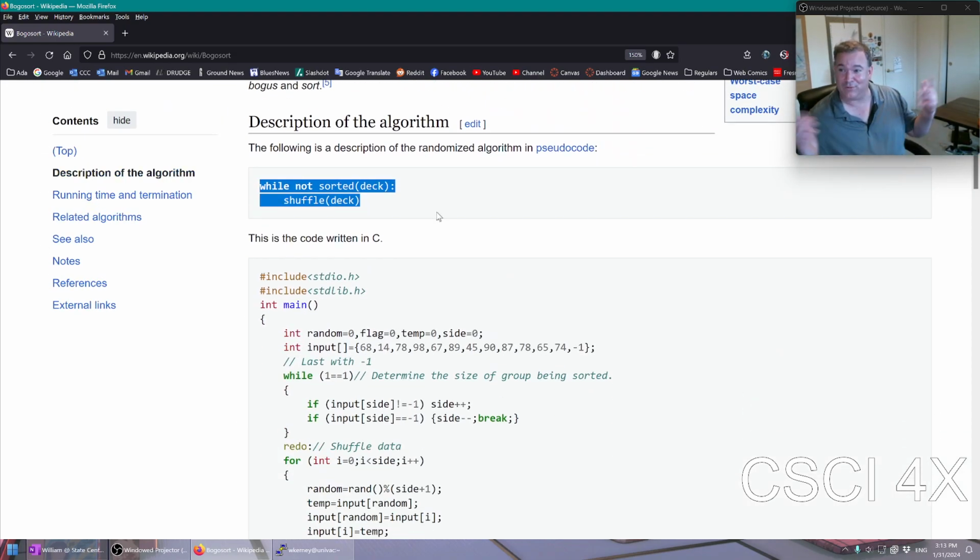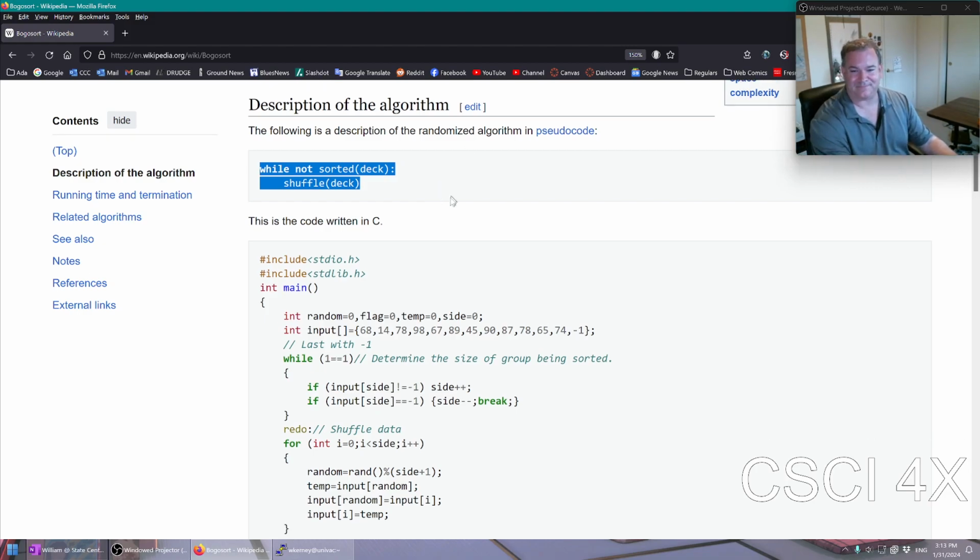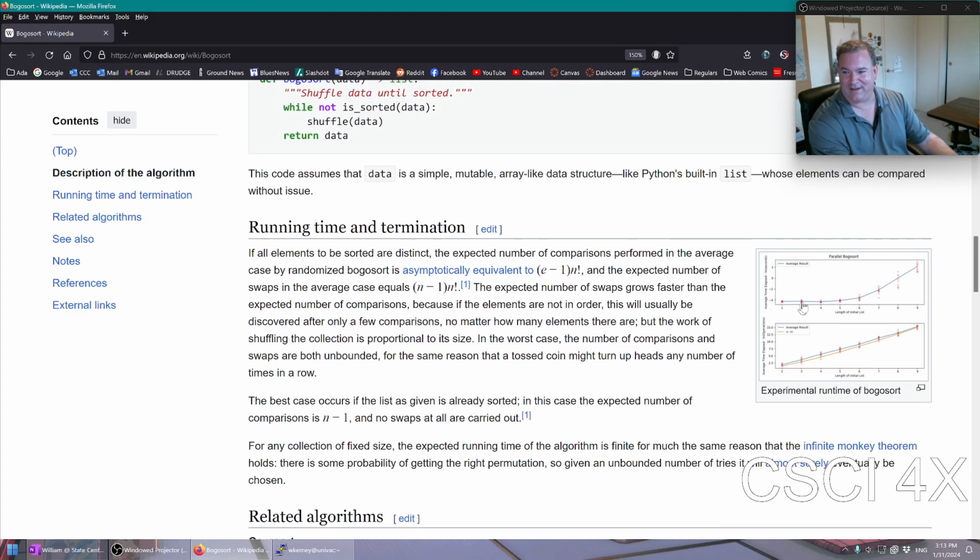And the best part is it works for very small numbers. Size 1, done. It's sorted. Size 2 takes 2 operations. Size 3 takes 6. Size 4 takes 24. Size 5 takes 120. So the running time is exponential. Yep.